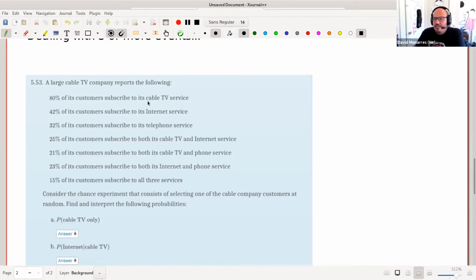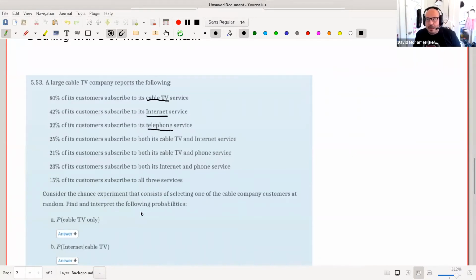In this case, they sell cable, they sell internet, and for those that still buy it, they sell telephone.